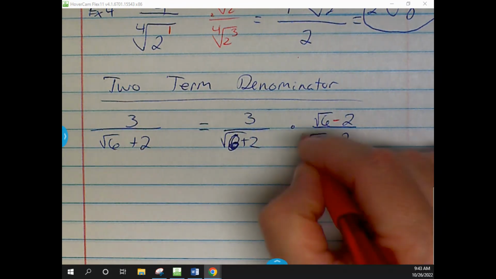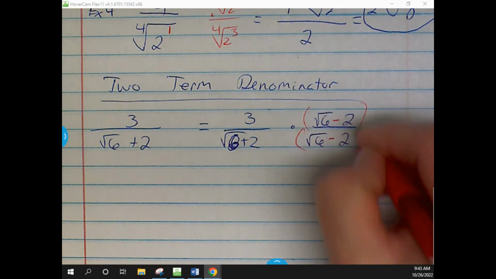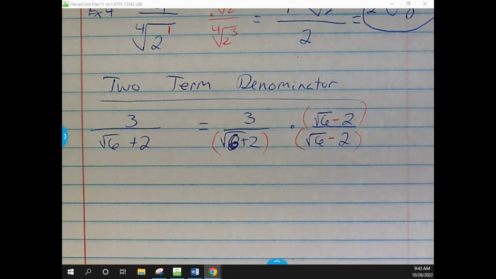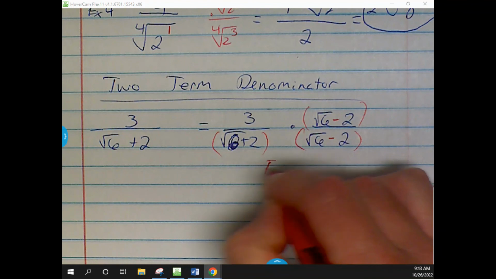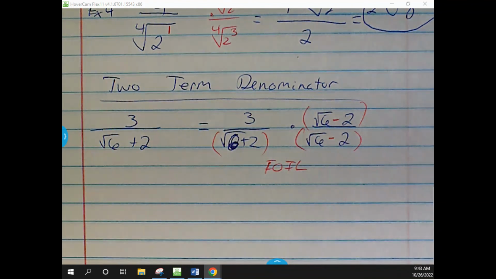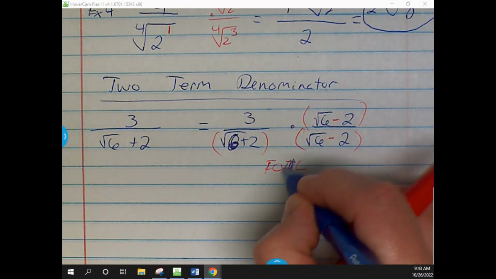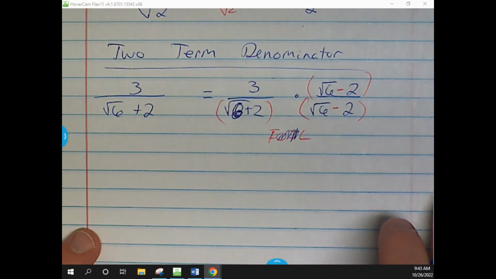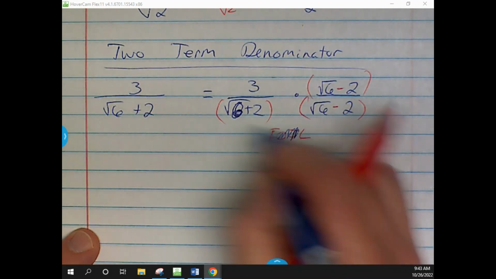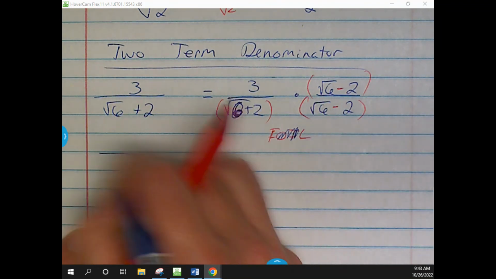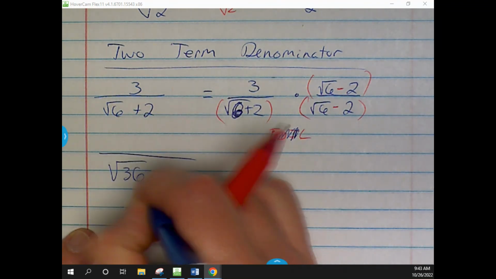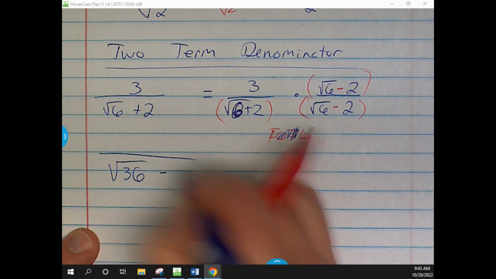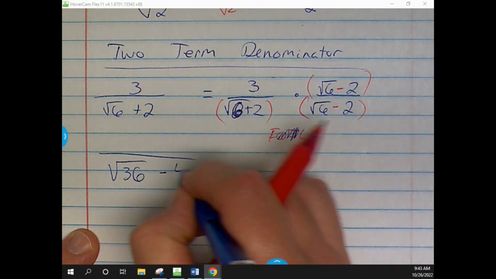The great thing about the conjugate is that it's really going to be the shortcut: it's going to be the FL method, because the O and the I are going to cancel each other out. So this thing is really just square root of 6 times square root of 6, which is square root of 36, and then minus 2 times 2, which is 4.